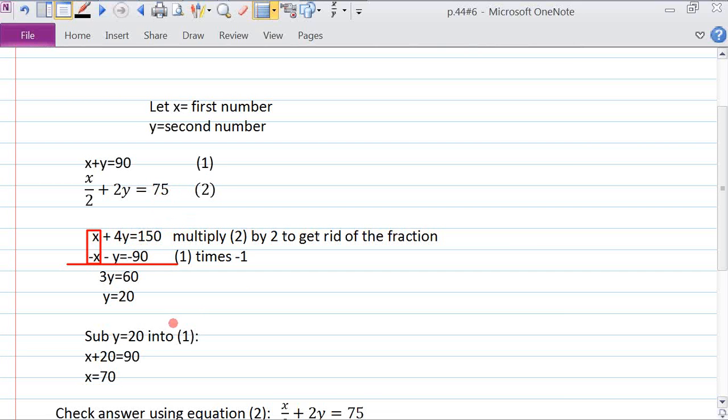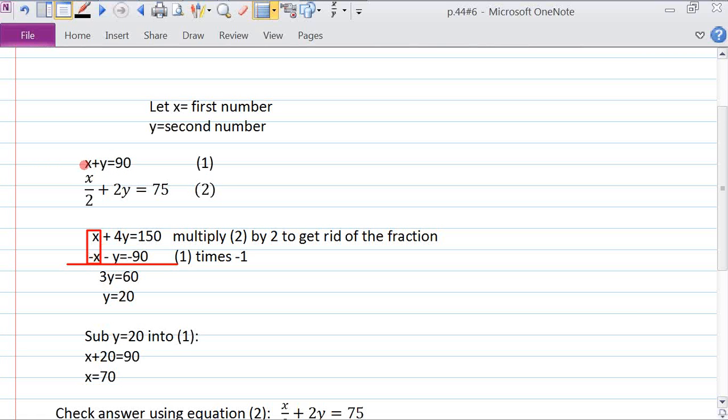Okay, so then what I'm going to do is multiply each term in equation 1 by minus 1 because I'll get minus x here and I'll be able to eliminate x.